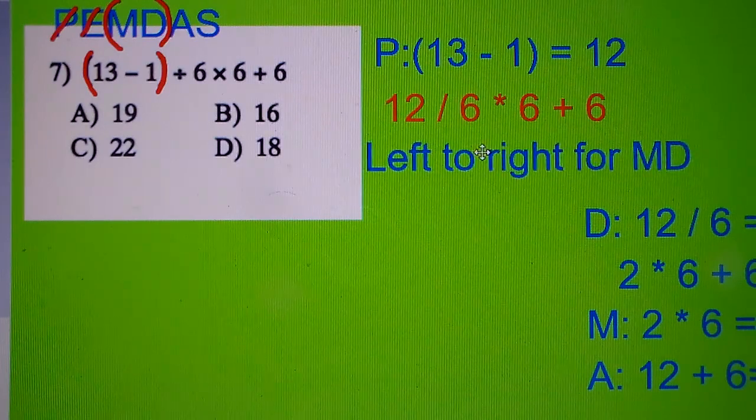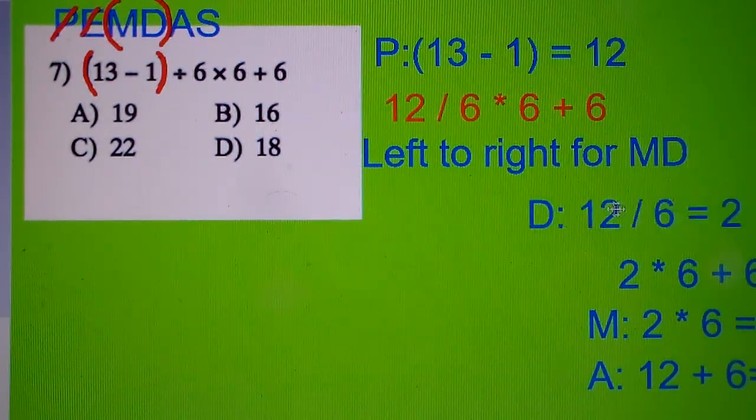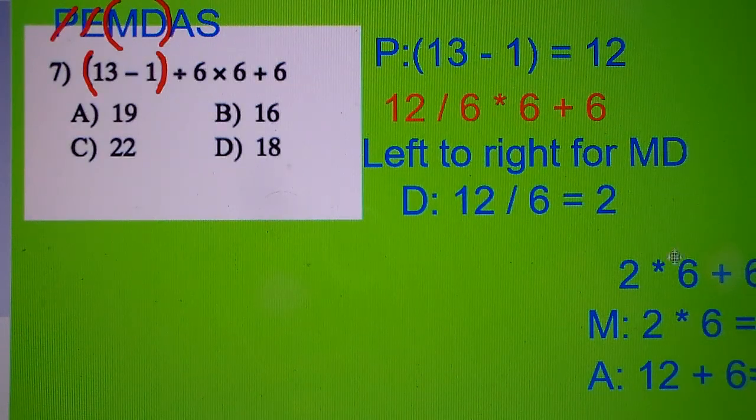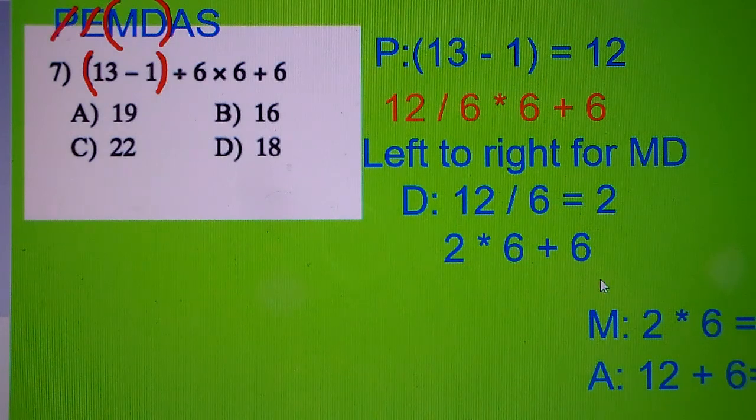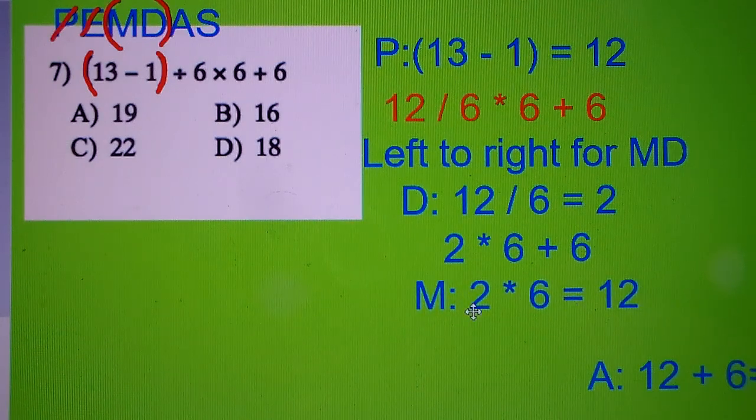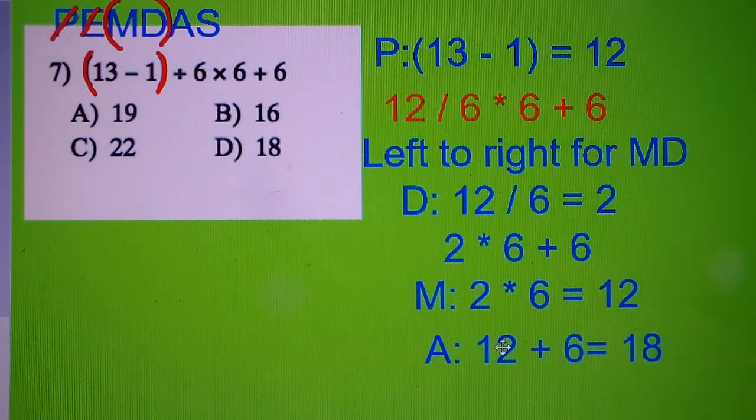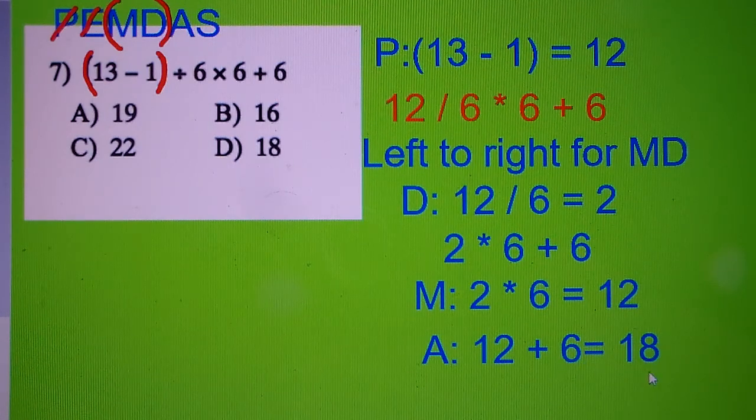So left to right for multiplication and division. We take care of our division first, 12 divided by 6, which gets us 2. 2 times 6 plus 6 is what's going to be left over. Then we take care of the multiplication, 2 times 6, which gets us 12. And then we do the addition last. 12 plus 6 gets us 18.